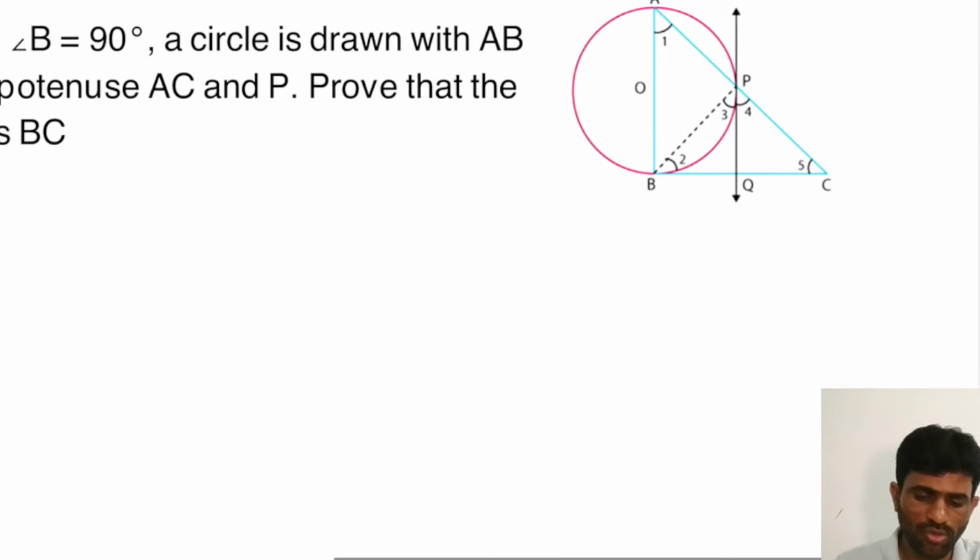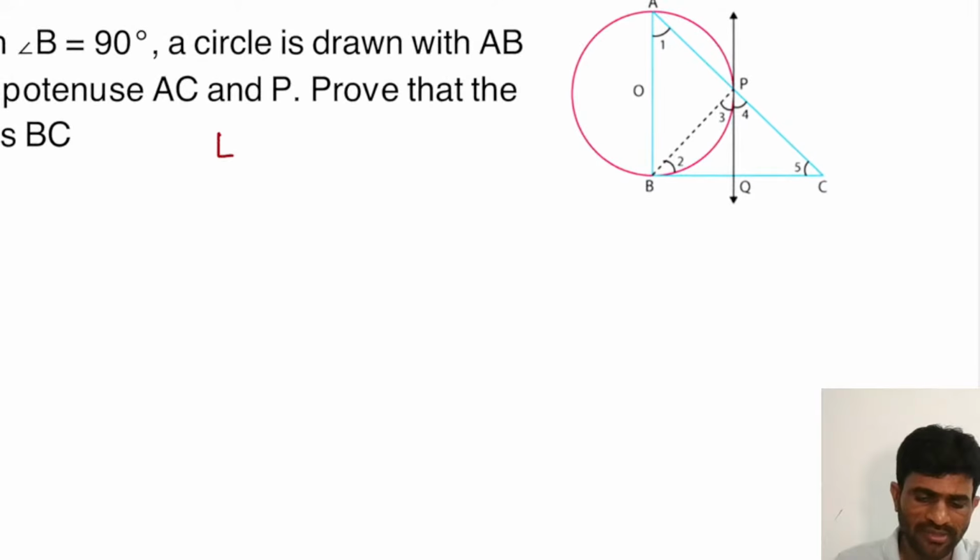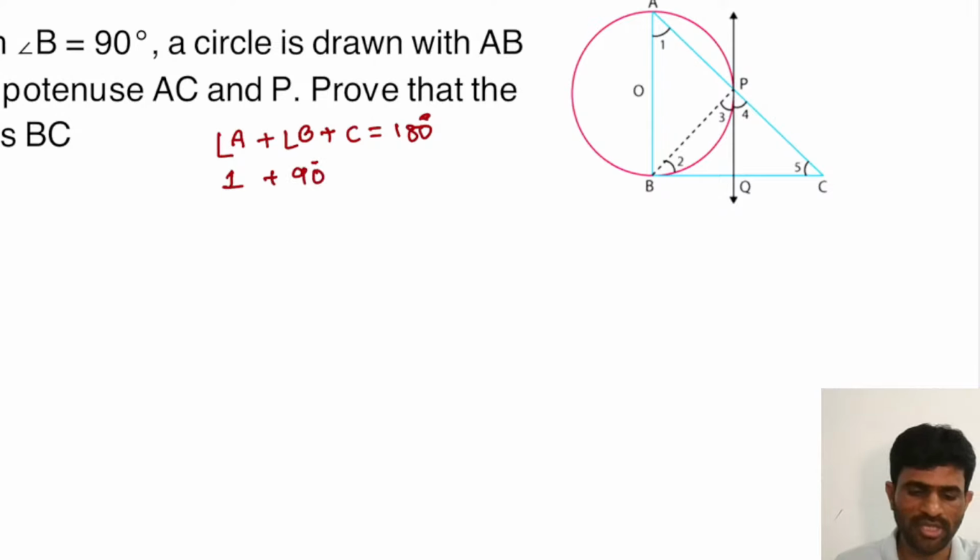So here what we know, one thing, angle A plus angle B plus angle C is equal to 180 degrees. In this, angle A we took as angle 1 in the figure, and angle B we already know is 90 degrees because in the question it is given, plus angle C we took as 5, is equal to 180 degrees.